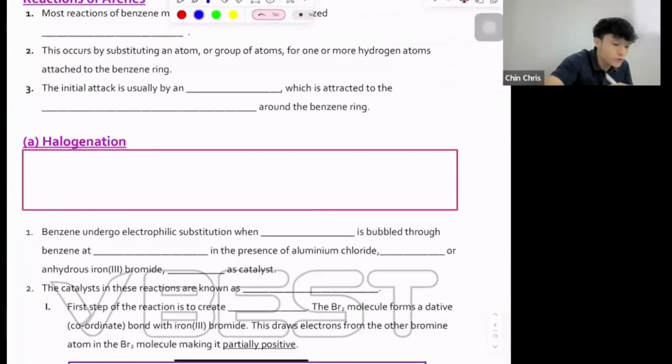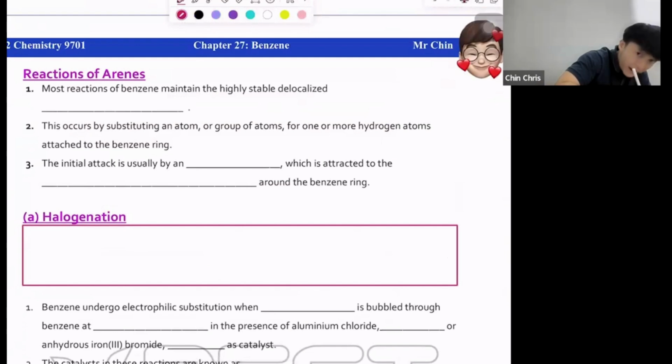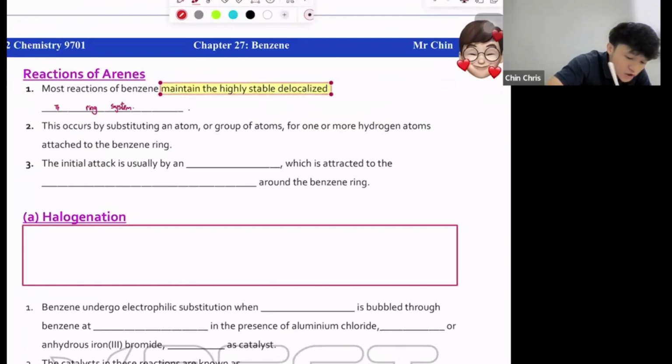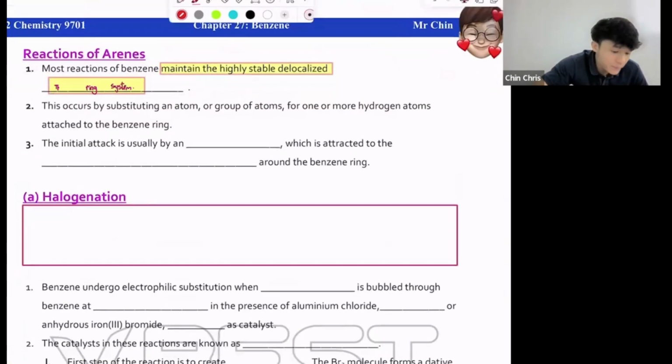Alright guys, now most reactions of benzene maintain a highly stable delocalized pi electron system. Highlight maintain. Guys, again, for reactions of benzene, you don't break the ring, the ring will still be there after the reaction, okay? So this happens when you are substituting an atom or group into the benzene ring.